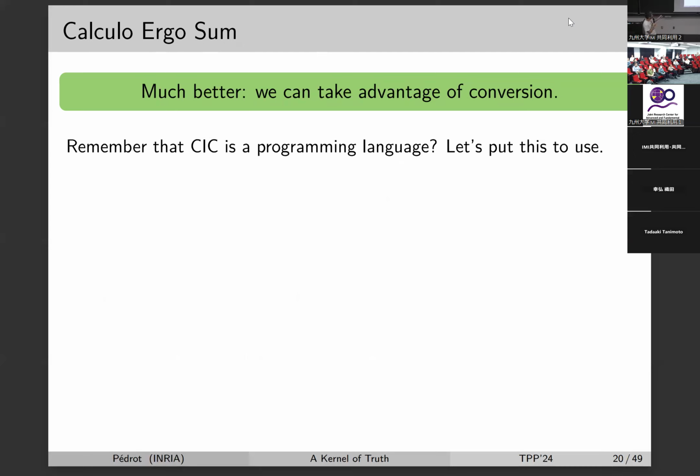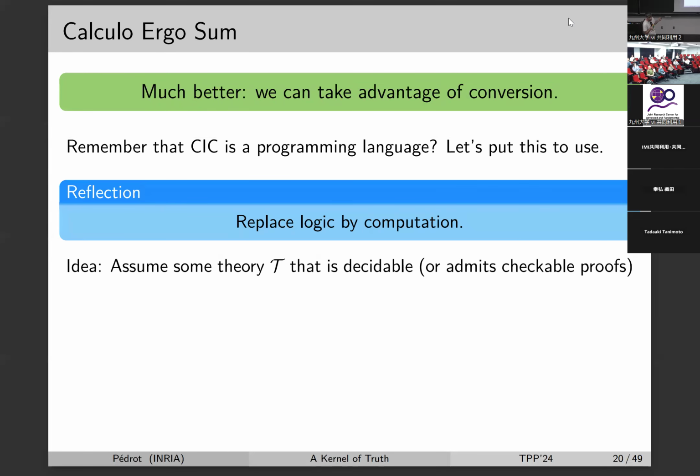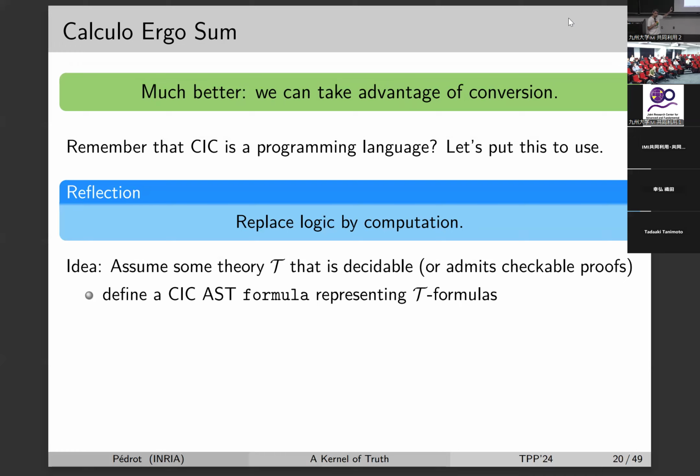Since I claim that Coq is a programming language, then you can actually use conversion in a very fancy way. This is called reflection, so you probably have heard about it, but I'm going to mention it briefly. Basically, the idea is to replace a decidable fragment of your logic by computation. So you pick some logical theory, like rings or closed real fields, where you have a decidable equation or decidable logic, and you represent your formulae of the logic in the proof assistant as a concrete AST data type.